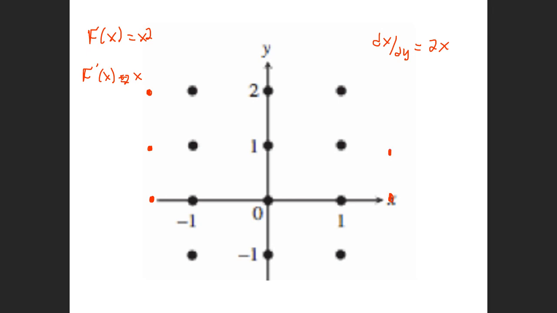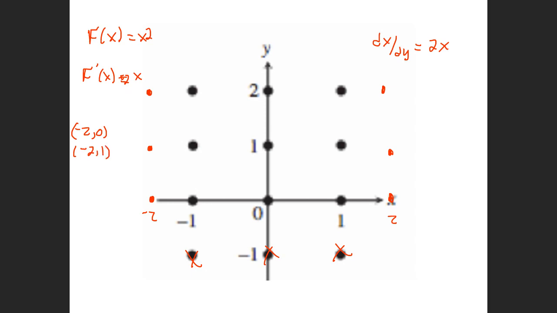When you're doing a slope field, they'll give you a graph with all these little points on it, and what you have to do is find the slope at every given point. I'm not going to do this one, or this one, because we have enough points here. So this is -2, this is +2. So what are all these values? Well, -2, 0. This point here is -2, 1.